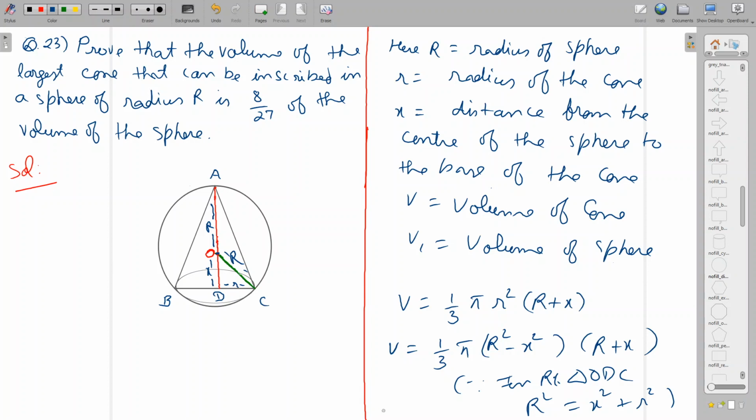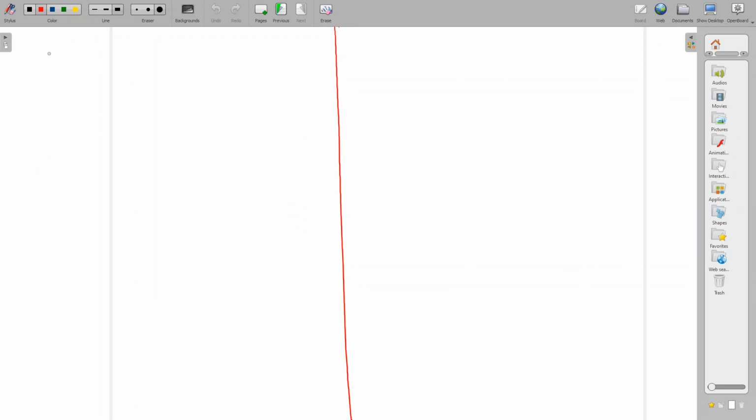So here, by Pythagoras theorem, that will give us capital R square equal to r square plus x square. We have V equal to 1 by 3 pi (r square minus x square) into (r plus x).